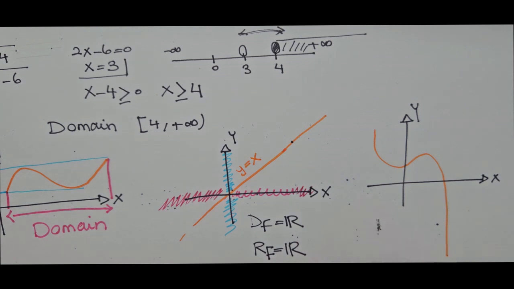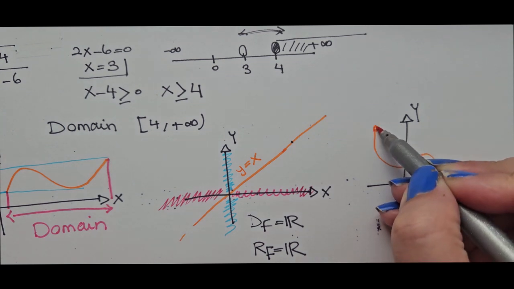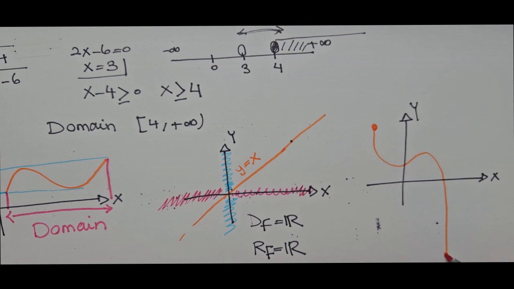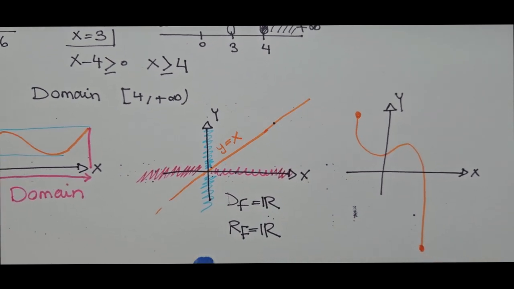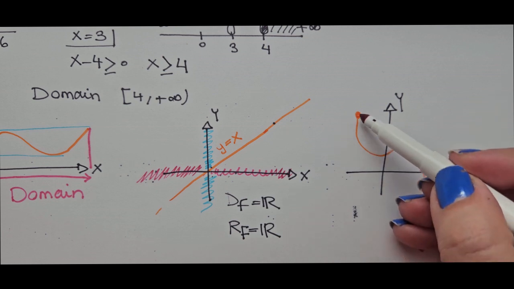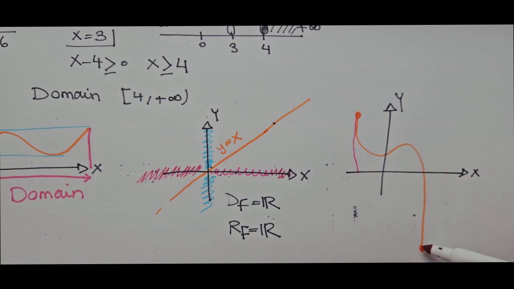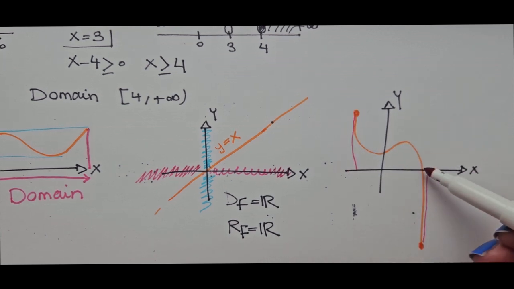If this specific function ends here and here, and doesn't go to infinity, that means if I reflect it on the x-axis, your domain would be from here all the way to here.